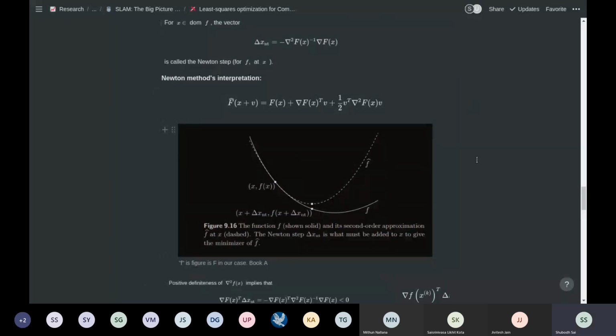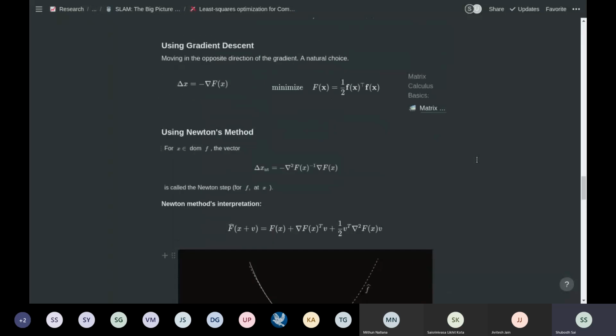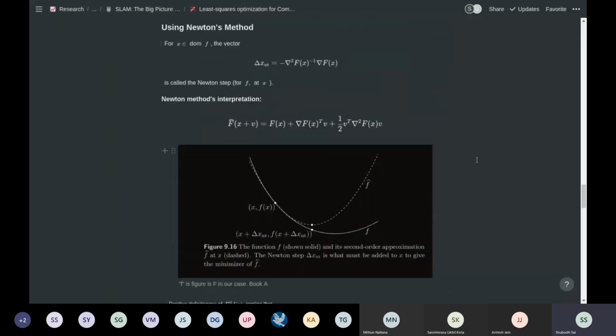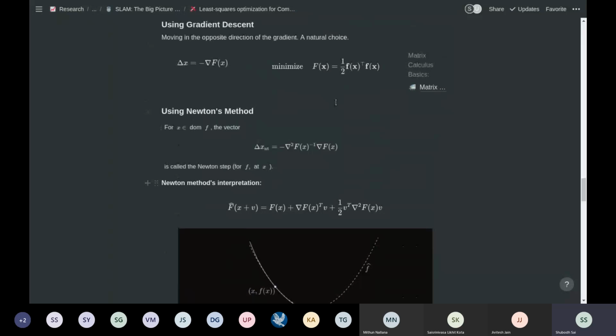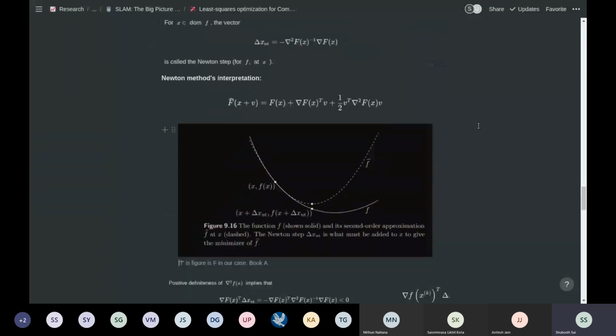Okay, so what I'm saying here is, since my original function I assumed to be locally linear, my capital F is this thing, small f transpose into small f, which will be a quadratic function.